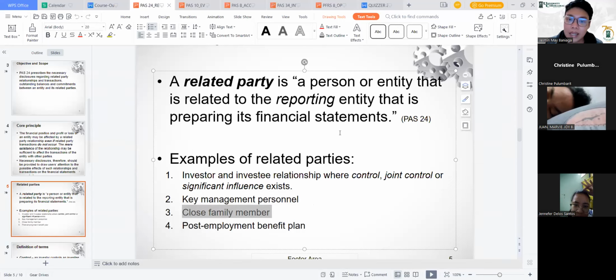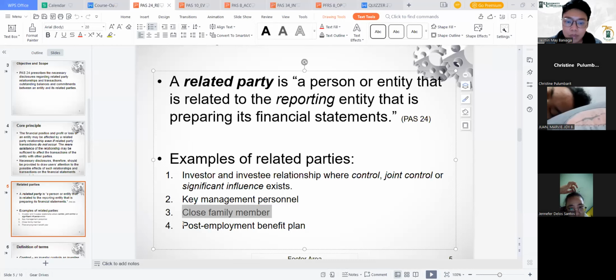You are a party of the entity, you are a board of director, you are part of the management, and then your parents or your siblings have a transaction with the entity. So somehow we might consider a family interest maybe, or self-interest, for that aspect. You already know that in the auditing theory side. So if there is a transaction with such close family members, it is a related party disclosure.